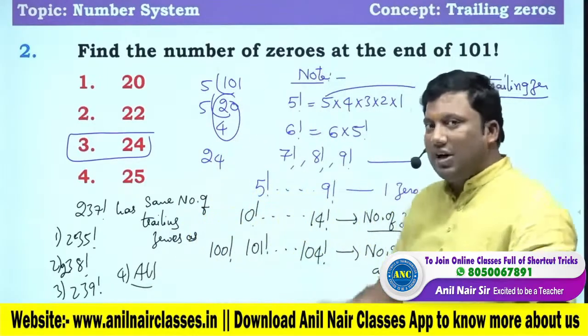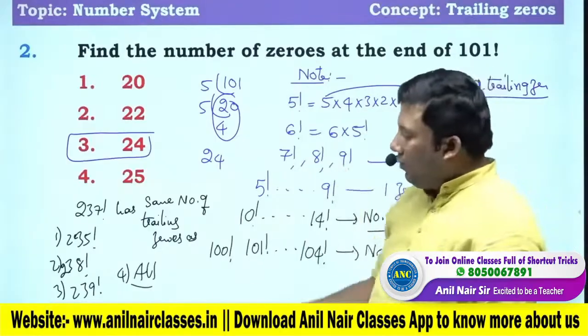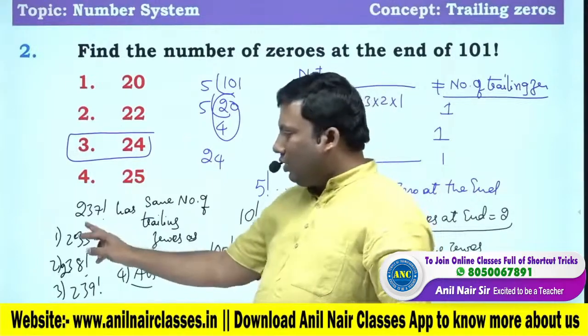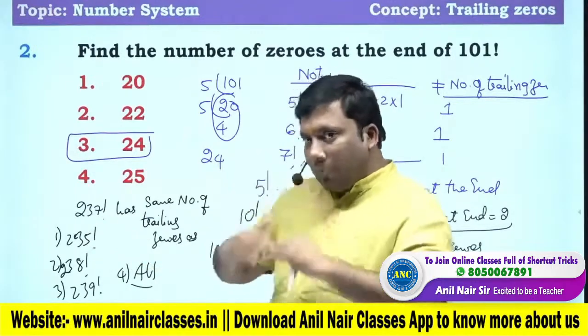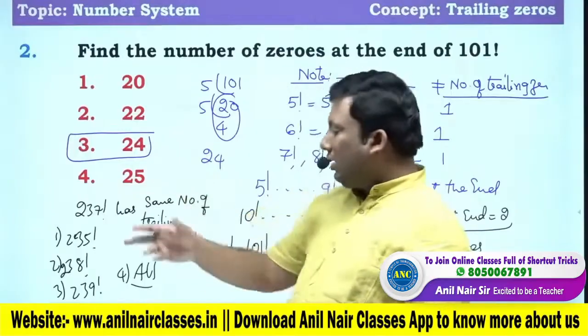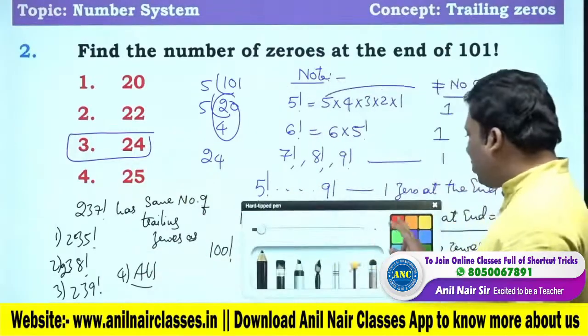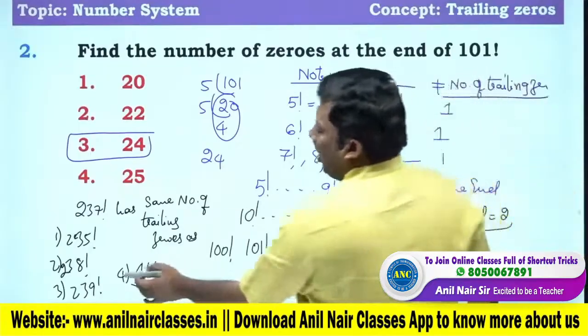What will be the answer? 237 factorial. What is the multiple of 5 just less than 237? 235 factorial. From 235 factorial till 239 factorial, number of zeros will be same. So answer for this question is all of this.